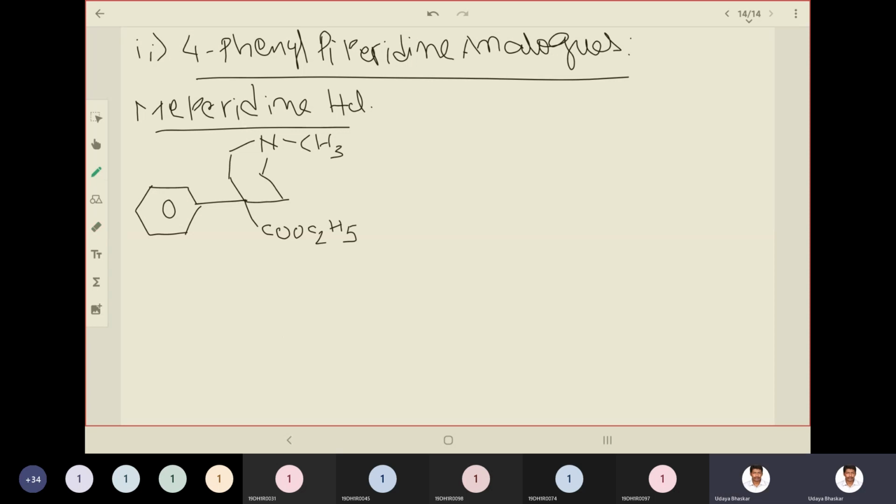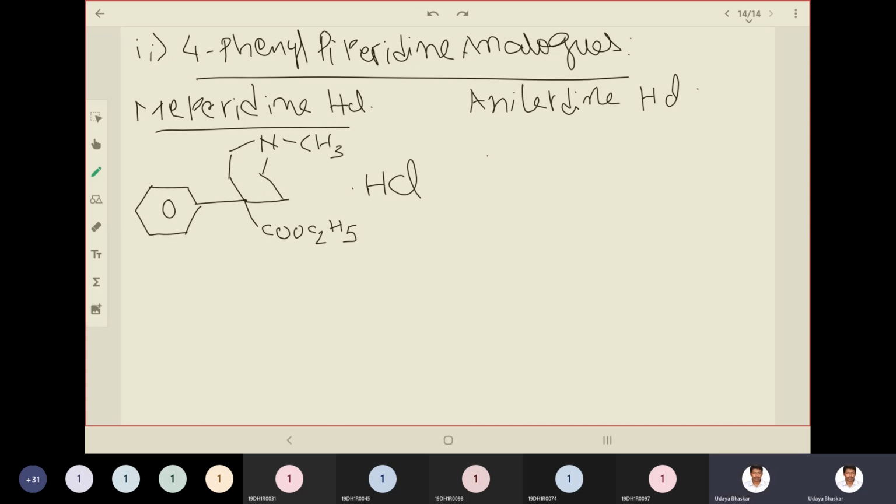So let us see the next chemical structure, that is anileridine hydrochloride. Hydrochloride salt means put a dot and put HCl. That's it. So what is aniline?